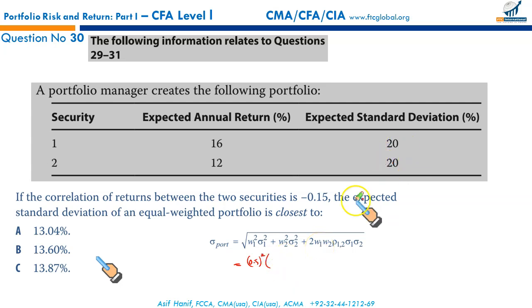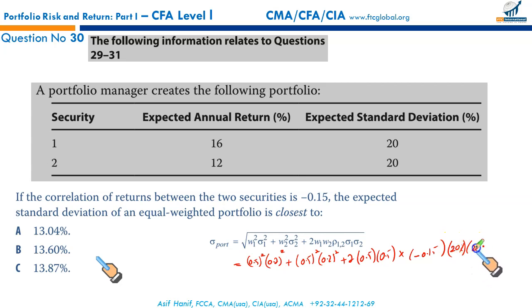Then the standard deviation of security 1 is 20%, so 0.2 squared, plus weight 2, that is again 0.5 squared, times 0.2 squared, plus 2 times weight 1, 0.5, times 0.5, times the correlation coefficient we have been given, which is negative 0.15, times the standard deviation of security 1, 20%, and the standard deviation of security 2.